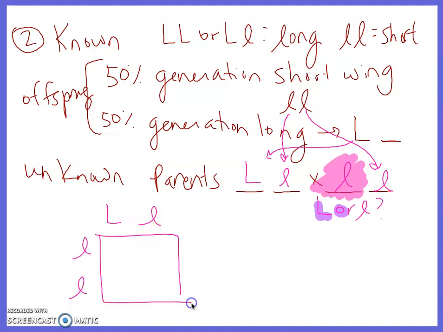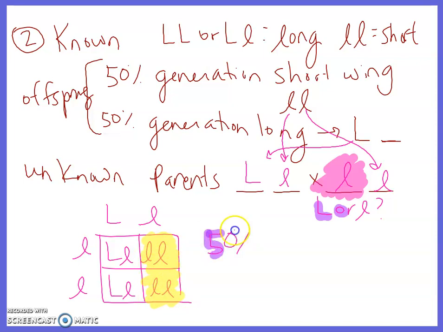Whenever I do the Punnett square, I should find that 50% of the offspring are short-winged. So this matches what I was given, and so I know that it's the correct answer.